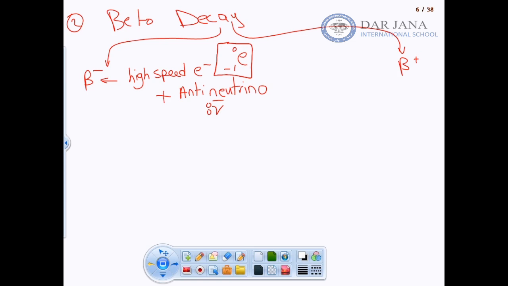So let's take an example on the beta minus decay from the book. Let's take the example number 21, part A, phosphorus 15, 33.